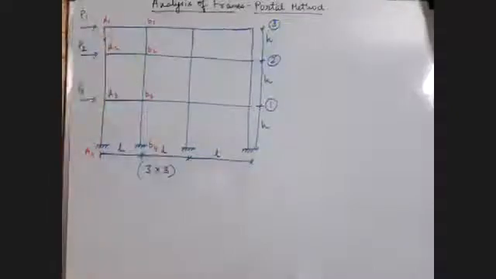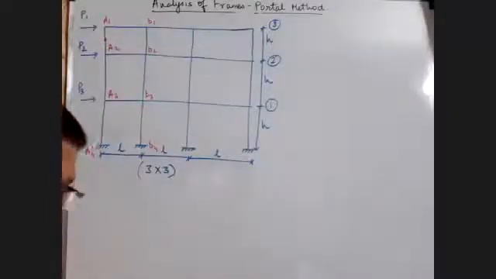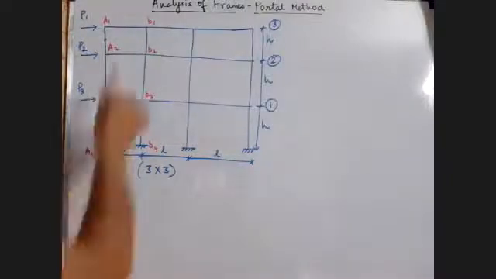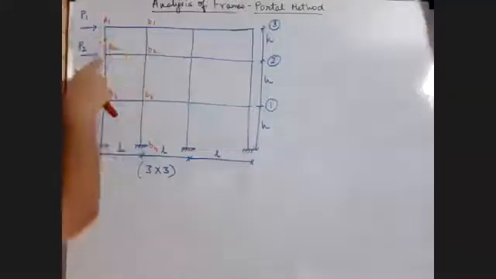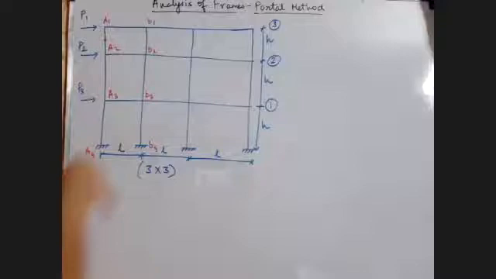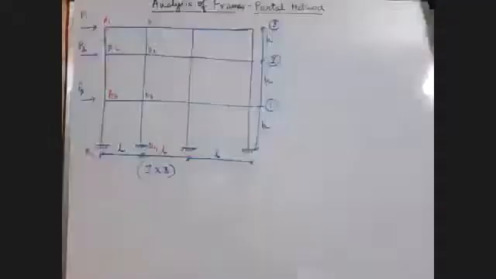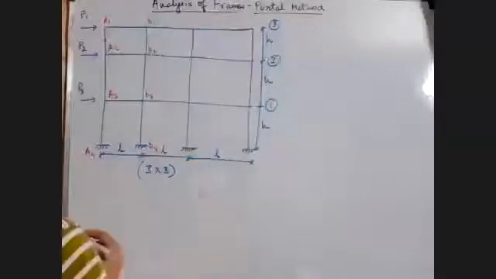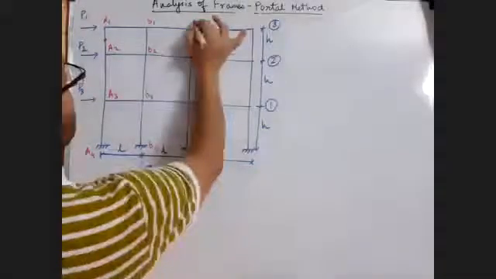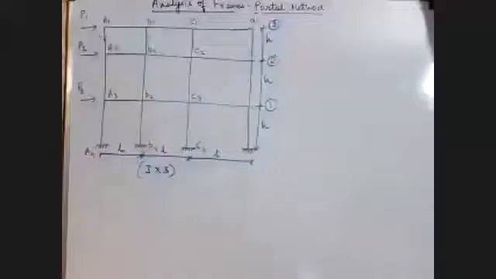These are the beam column joints. C1, C2, C3, C4, D1, D2.